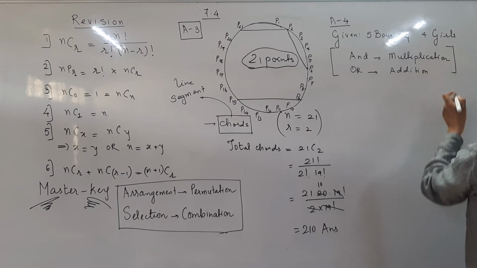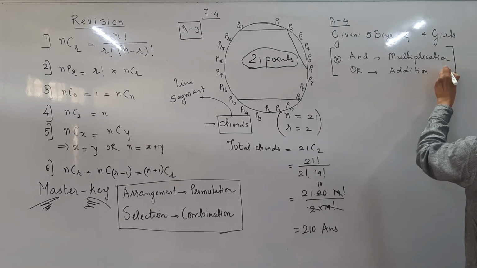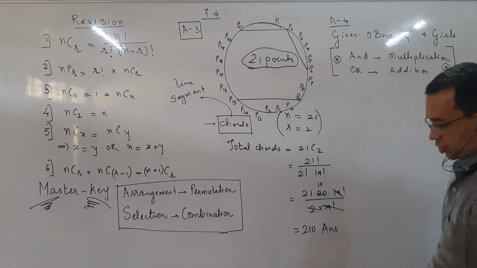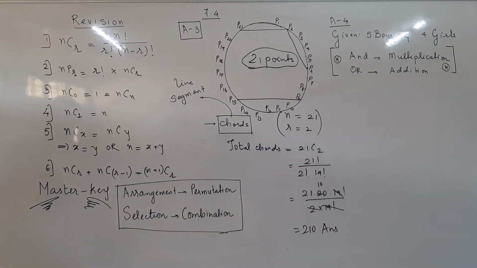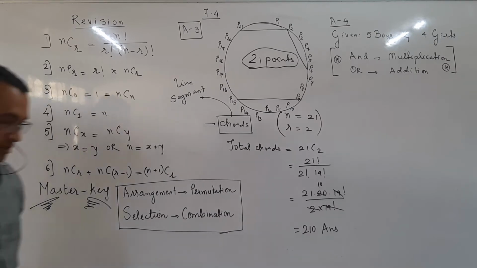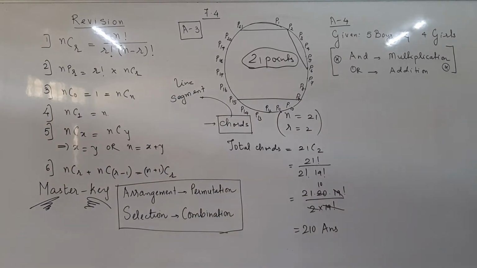This, students, again is a master key in permutation and combination. This is the second master key of permutation and combination. For AND we have to multiply, for OR we have to add.